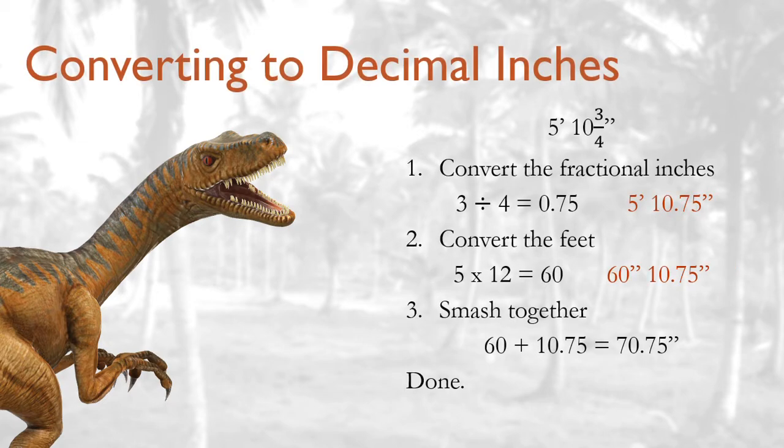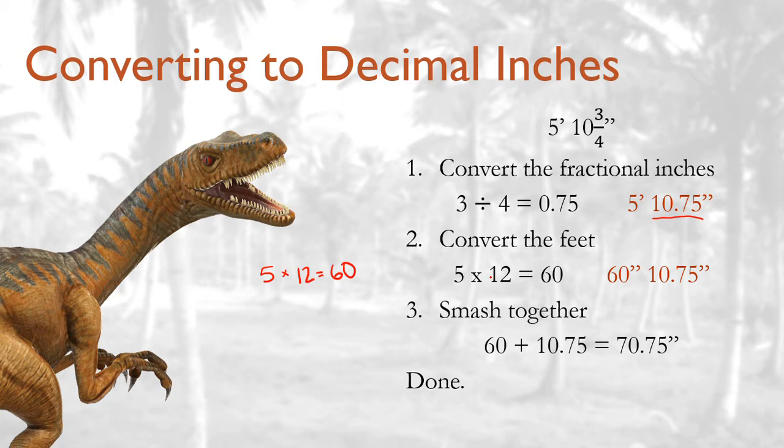The danger is always in what I'm asking for. So if I want to convert to decimal inches instead of decimal feet, I'm still going to start the same way. I'm going to take the 10 3/4 inches and divide 3 by 4 to make 10.75 inches. But this time I have inches and feet, and I want inches and inches. So I take the 5 feet, and I know that if there are 12 inches per foot, I need to do 12 times 5 to get 5 feet worth of inches, which equals 60.